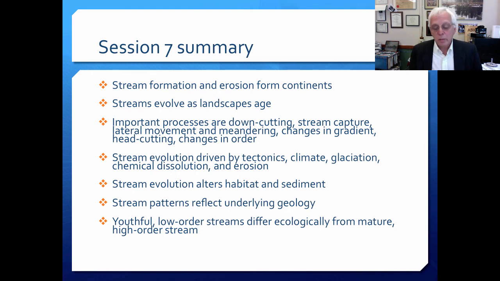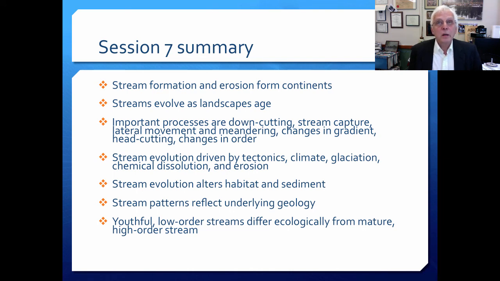And it's important to understand those concepts. Stream evolution is driven by tectonics, climate, offering different water regimes, glaciation, chemical dissolution, which is a function of underlying substratum, and erosional processes. Stream evolution alters habitat and sediment.